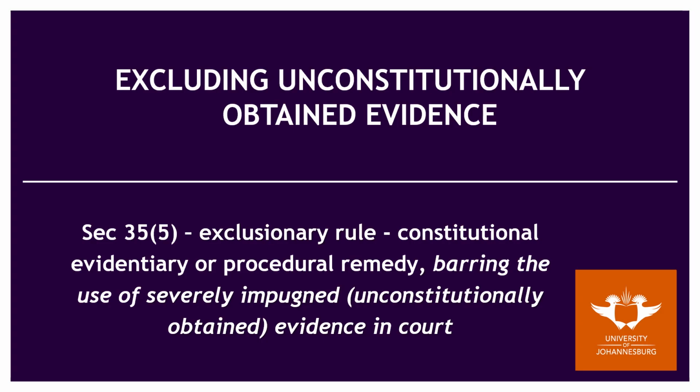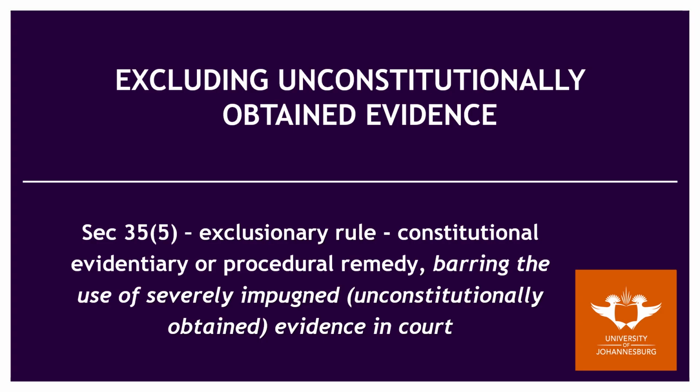Now, Section 35(5) is effectively grounded in three interrelated values that are central to a due process model of criminal justice. First is the judicial integrity model, where courts must protect the integrity of not only the judicial system, but also the criminal justice system as a whole, and for that reason should be very careful in condoning such police misconduct in obtaining evidence.